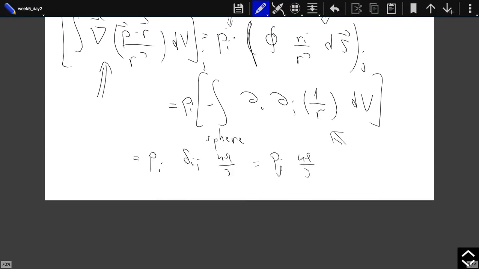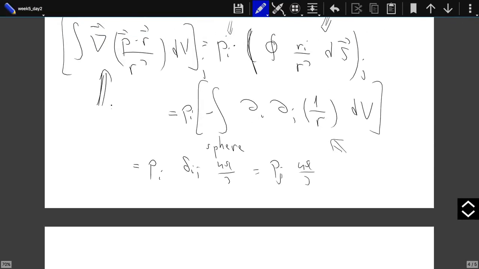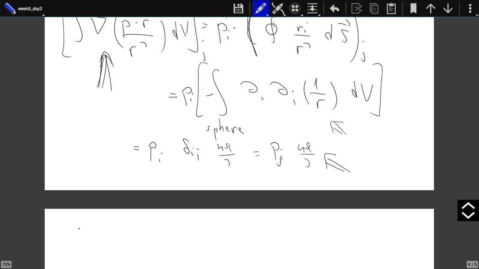So everything fits. Now what we had proven was the j component of this vector over here, the first vector, is equal to the j component of this vector over here. If the components are equal, then we have this equality.